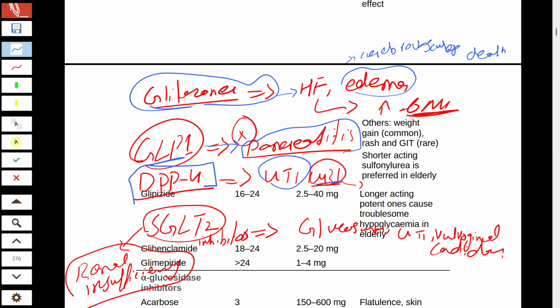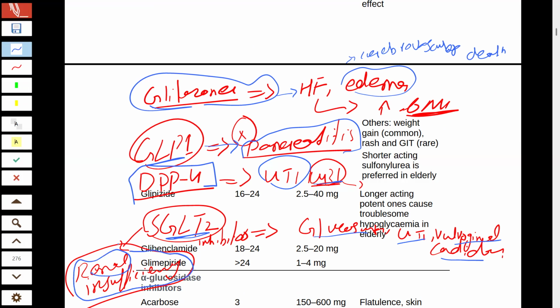Then SGLT2. The SGLT2 inhibitor can cause glycosuria and UTI, vulvovaginal candidiasis infection, and also lead to renal insufficiency.